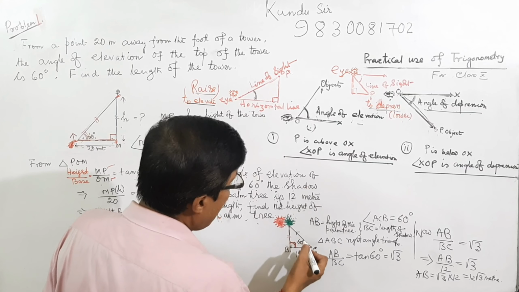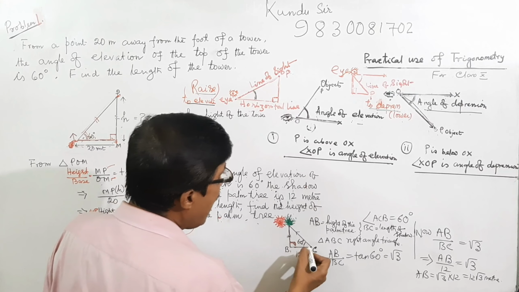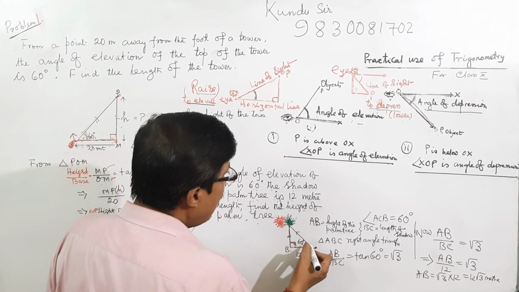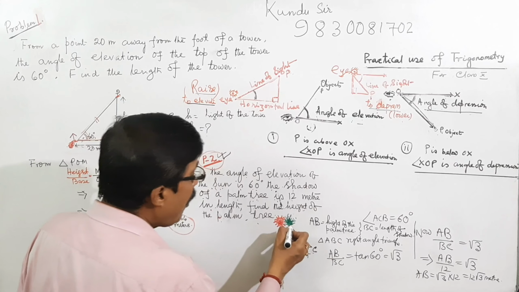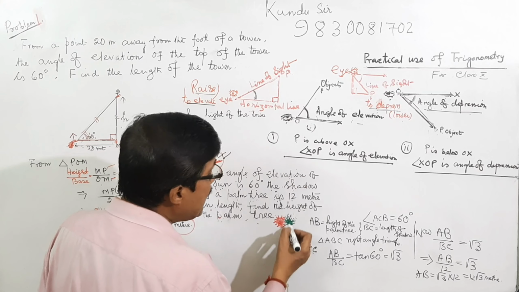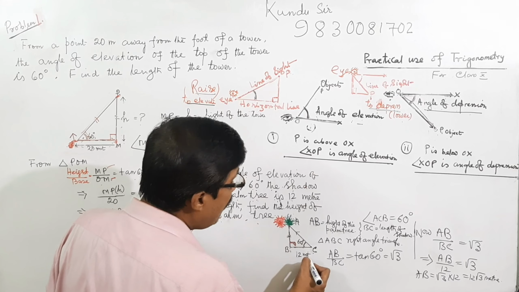We have to find this height of the plane tree. The angle of elevation of the sun is 60 degree, and the shadow of the tree due to sunlight, BC, is equal to 12 meter.